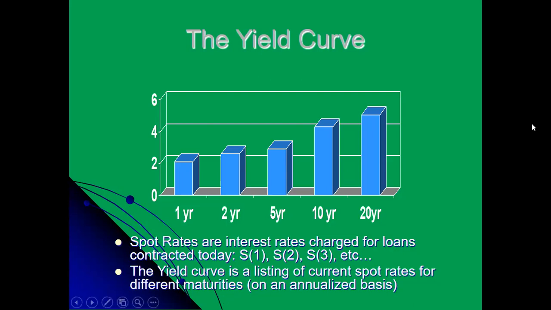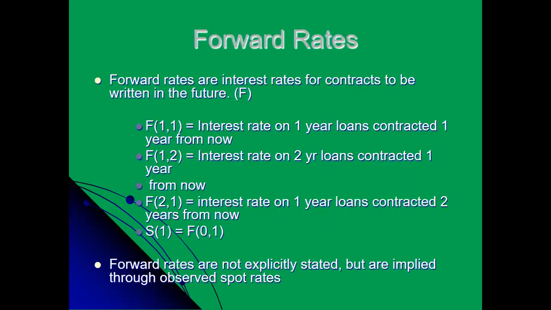Spot rates, again, are the rates that are current in certain times, and these are charged for loans contracted today. So we have spot rate 1 for 1 year, 2 for 2 years, 3 for 3 years, etc. The yield curve is a listing of current spot rates for different maturities on an annualized basis. Yield means return. So we can basically attach that concept to it so that we will not forget.